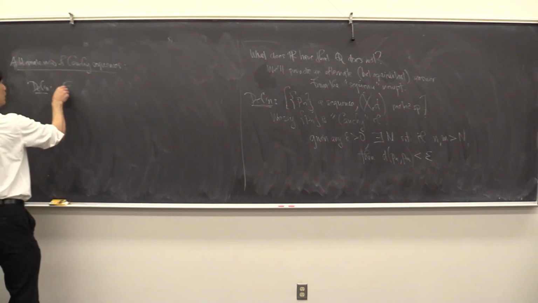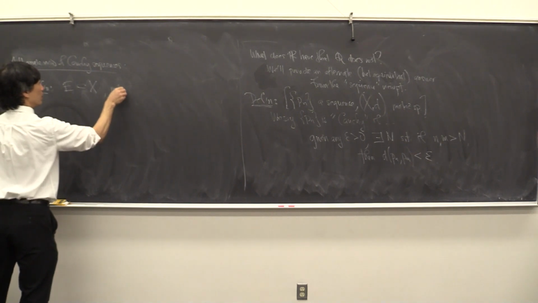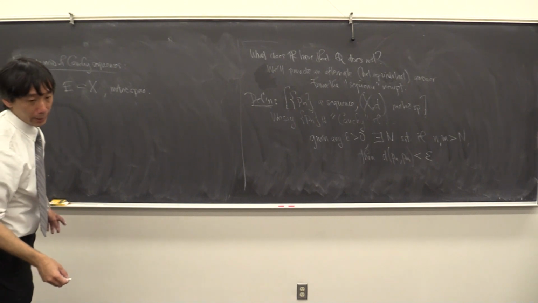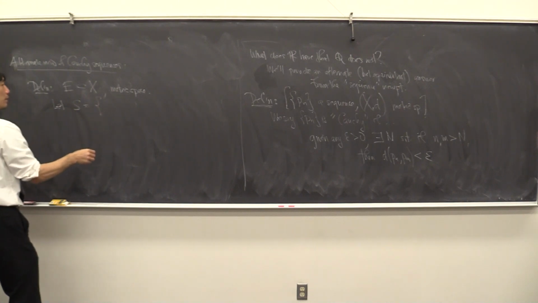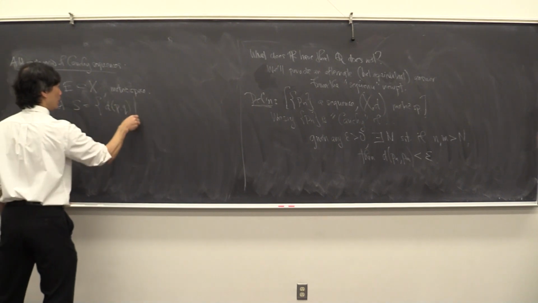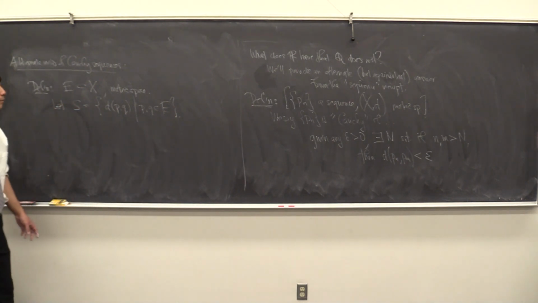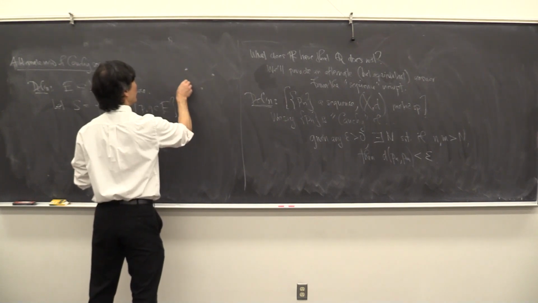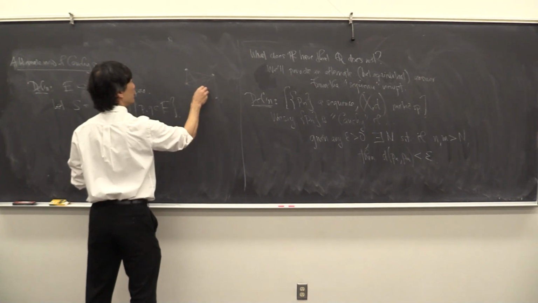So let E be a subset of X, the metric space. And let S be the set of all distances between P and Q, where P and Q are in E. So it's the set of all possible distances: you've got a bunch of points and you measure all the distances.